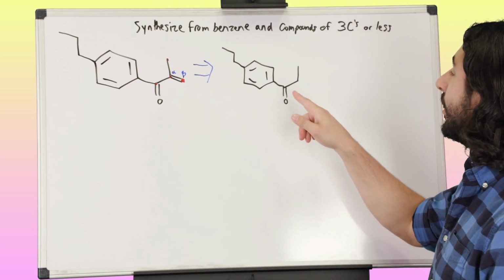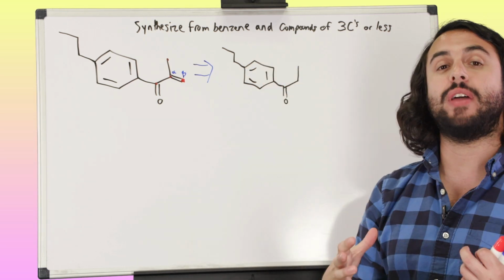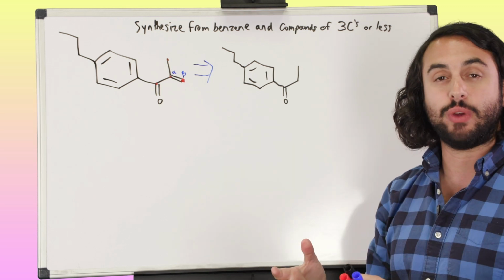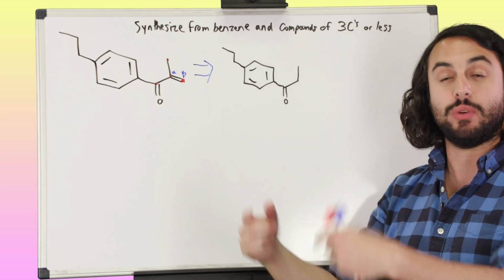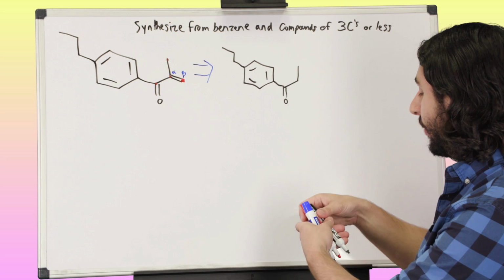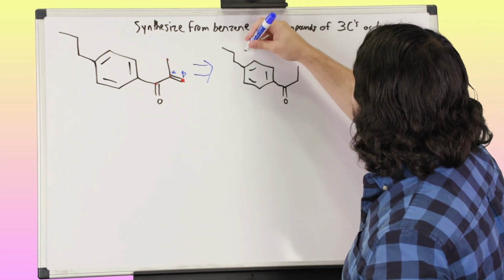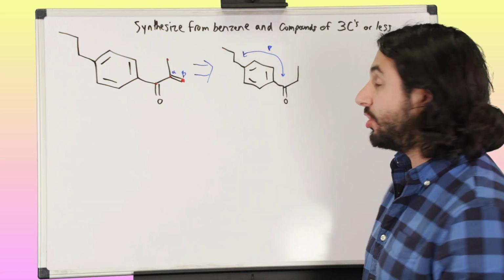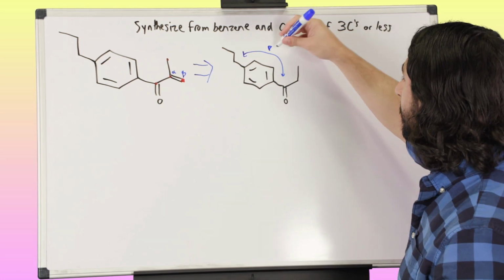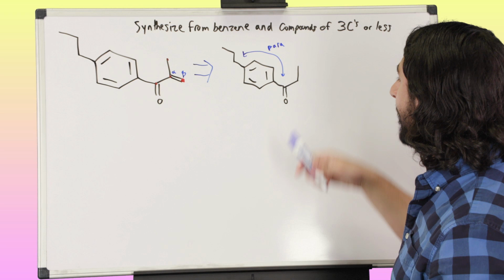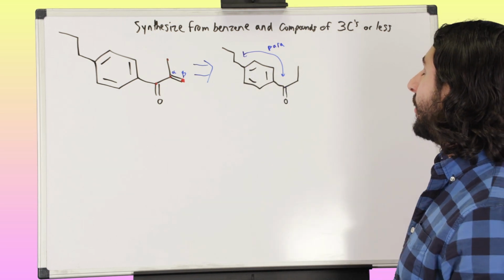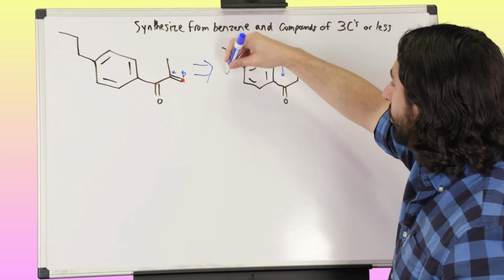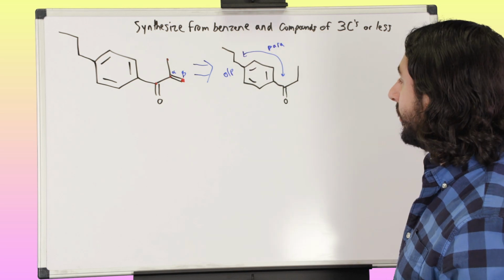Now, we do want to think about the order in which we want to remove them, because that is going to inform the order in which we're going to attach them in the forward direction. And so we look at these guys, and we can see that they have a para relationship, right? These have a para relationship with one another because they're on opposite carbons there on the ring. And this alkyl group is an ortho-para director, right?